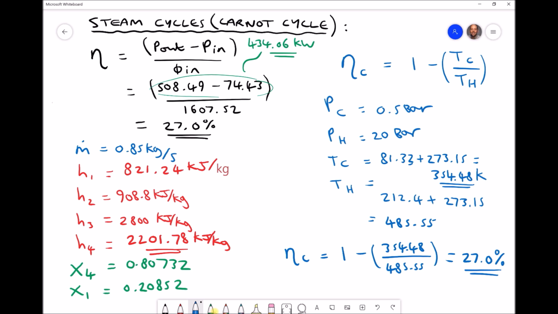And finally, we were able to calculate our Carnot efficiency by determining the net power output divided by the rate of heat input. We carried out a final check of our Carnot efficiency using an alternative formula where the Carnot efficiency is 1 minus the cold cycle temperature over the hot cycle temperature, where each of those temperatures must be expressed in Kelvin.